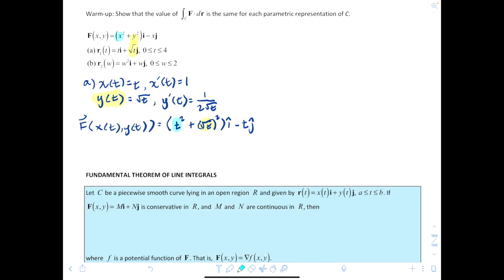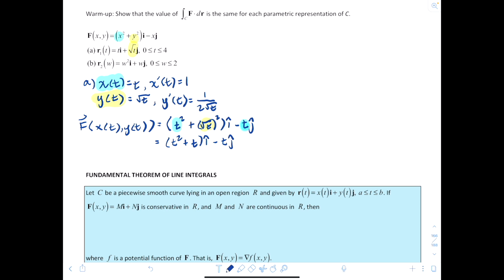We're squaring that one. Okay, and so that, of course, will equal t squared plus t times i minus t times j.